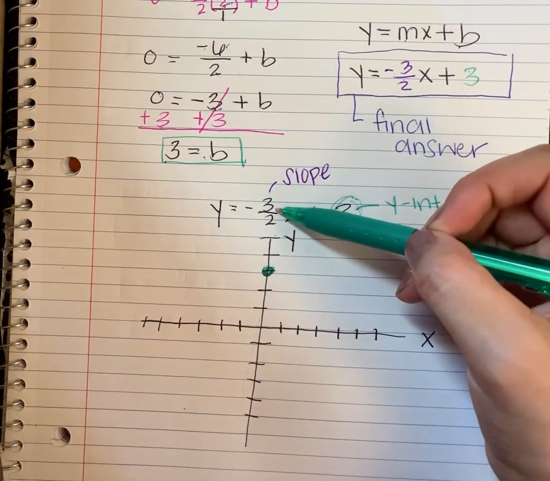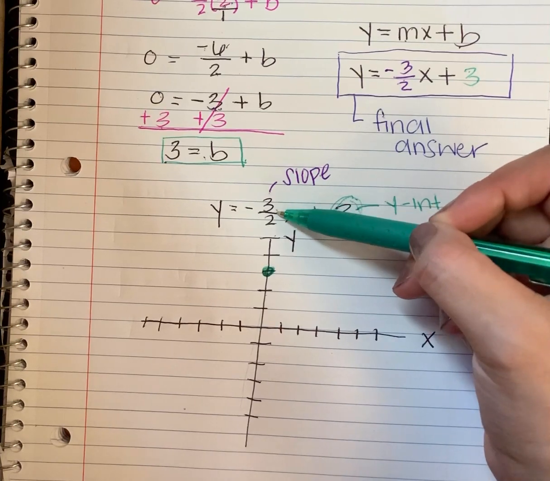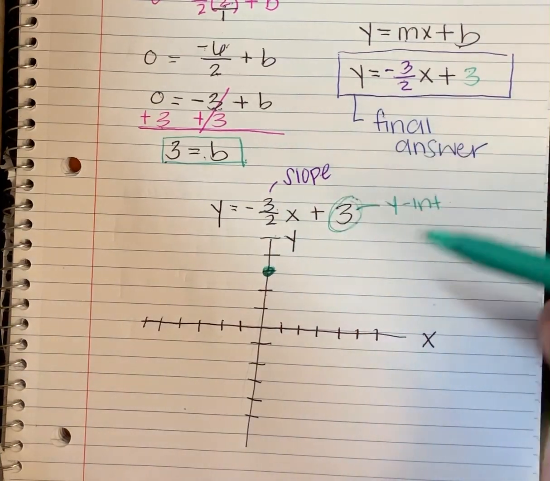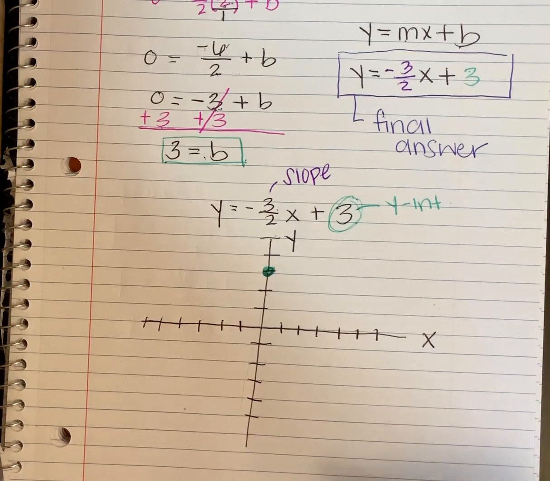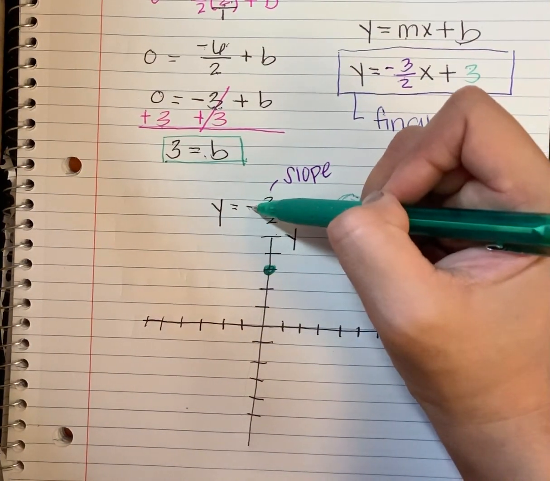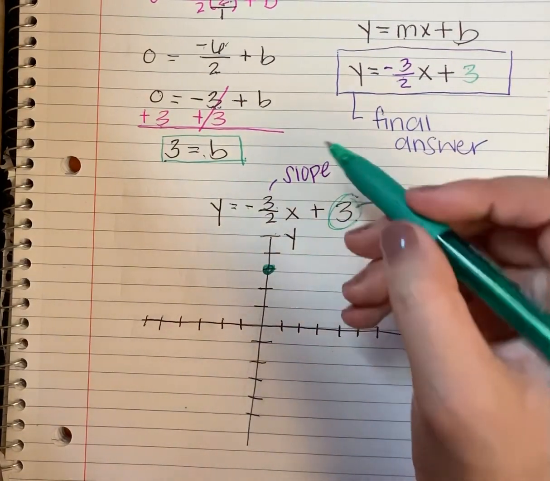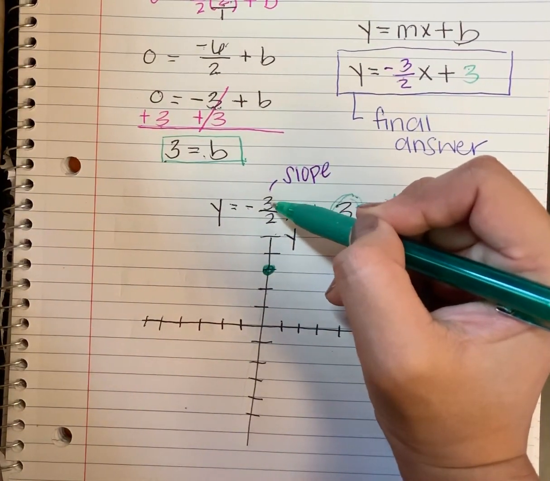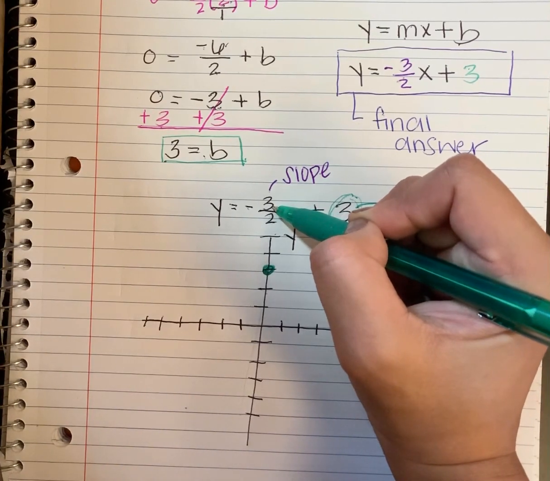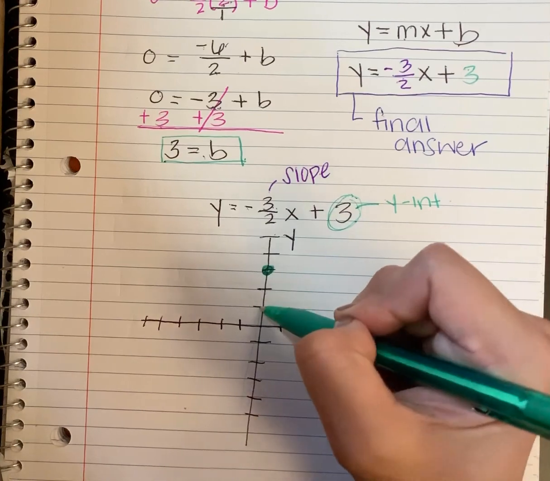Now our slope tells us how much to go up and how much to go down. Our rise over run, that's what we call it. This means that since this is a negative, I'm going to go down because that's going in the negative direction. So let's start by going down 3 points. 1, 2, 3.